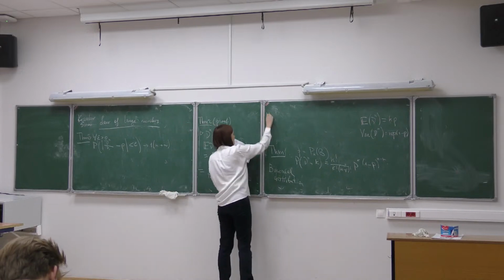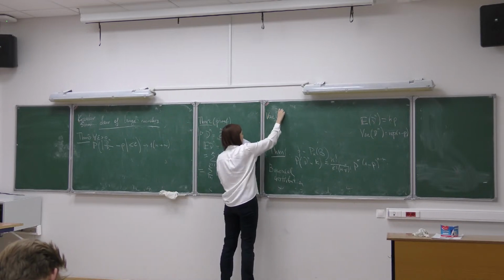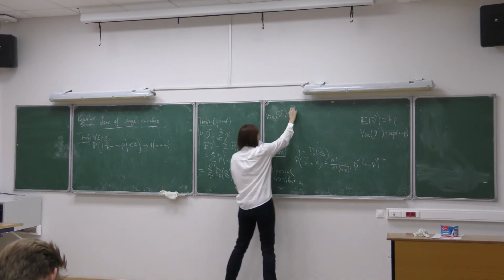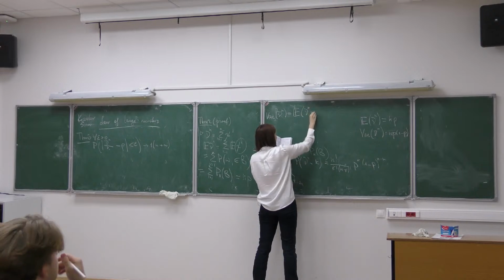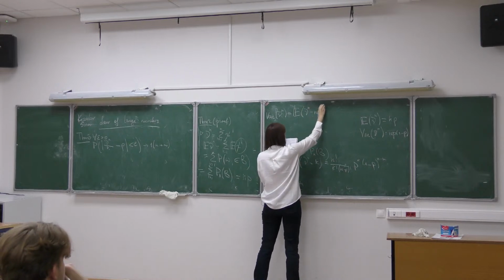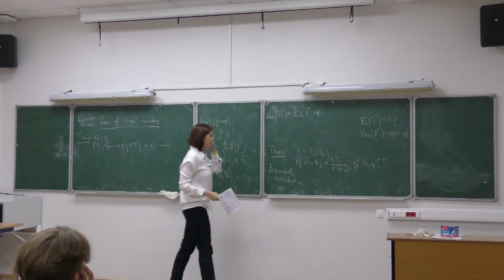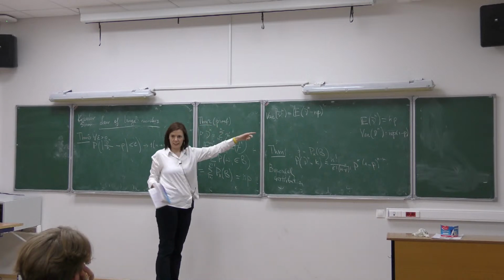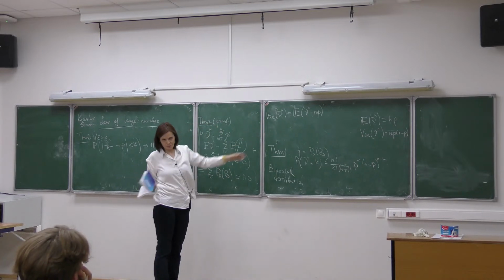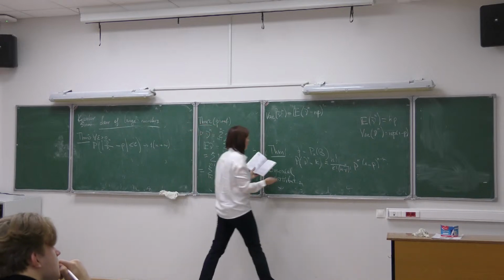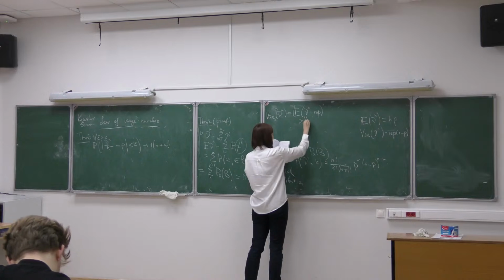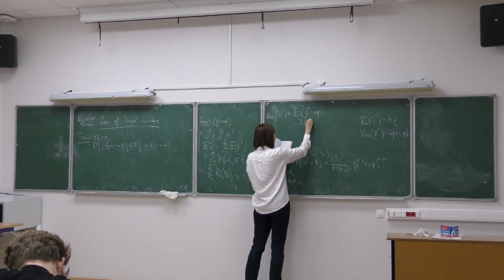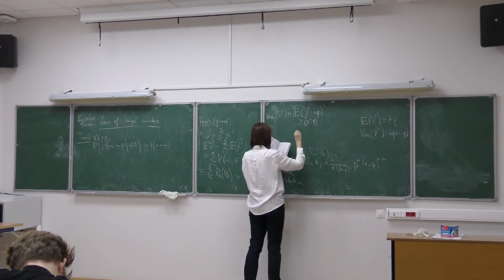Variance, it's a mathematical expectation of the difference between our random variable and its mathematical expectation squared, right? So now we can remember again what was a random variable we have. So we can say that we consider here something like that.